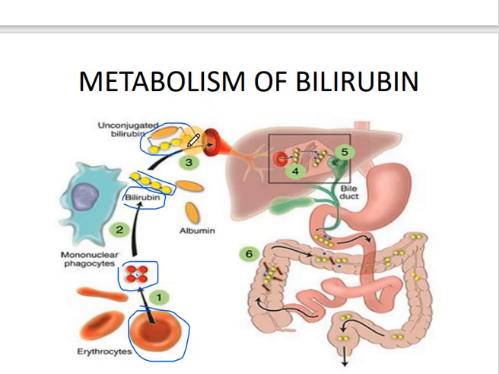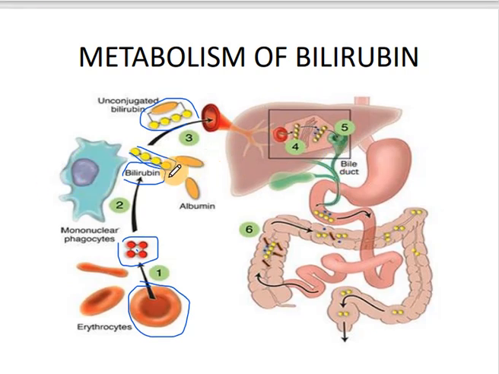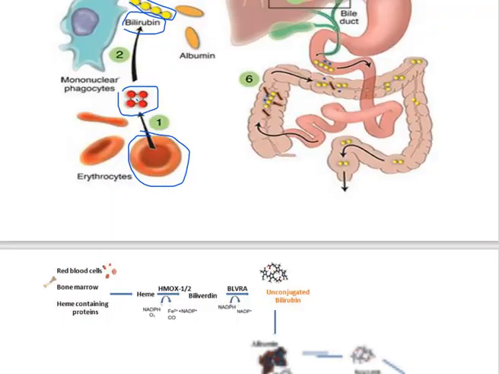Now this bilirubin gets transported to what? Transported to the liver. In the liver, it undergoes further metabolism where it is released again into the bile ducts. Then from the bile duct, it can move to the intestine for further metabolism and excretion to occur. So let's look at the detailed mechanism for metabolism of bilirubin.